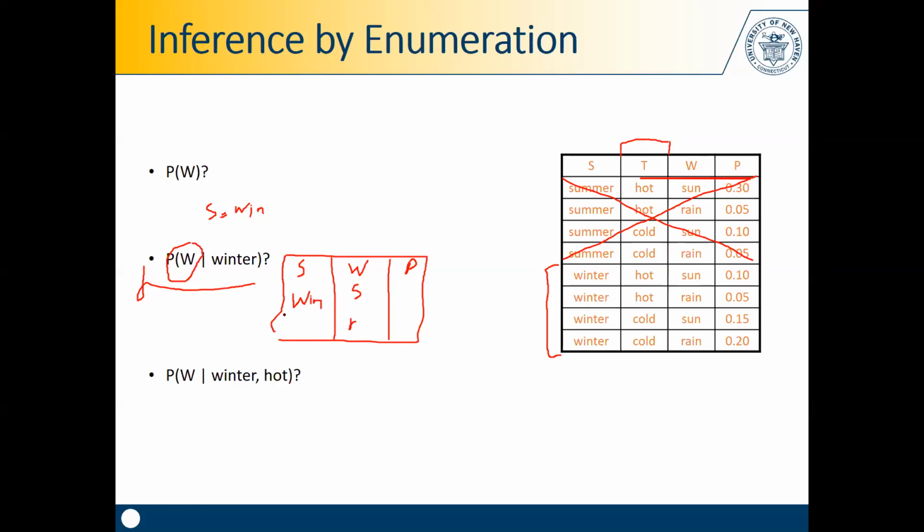What's the joint probability of the season being winter and the weather being sunny? We have to look at these two rows. See, in these two rows, this condition is met. The season is winter and the weather is sunny. What's the joint probability of winter and sunny? It's 0.10 plus 0.15, which is 0.25.